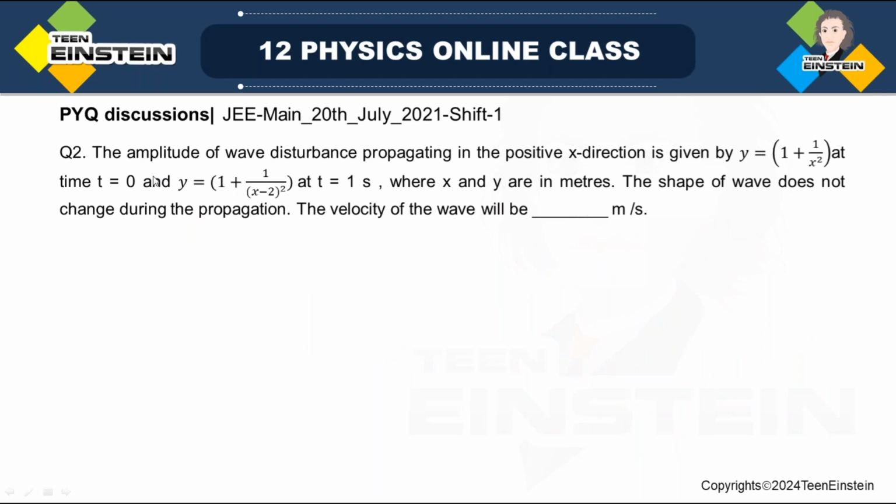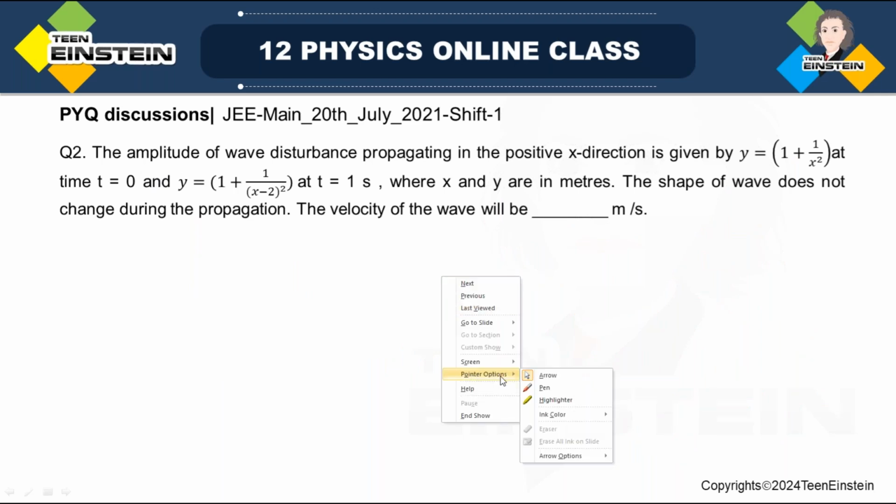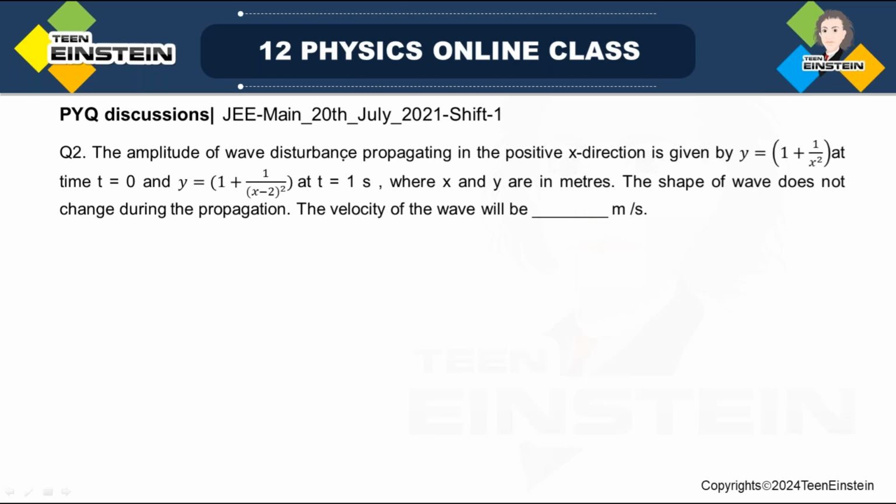This problem says the amplitude of a wave disturbance propagating in the positive x direction is given by this. So this is at time t is equal to 0.